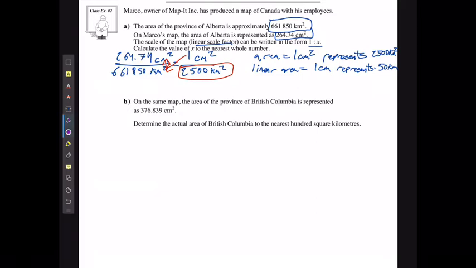Now we need to put them into the same units in order to make this work. So I'm going to say that if I have 50 kilometers over 1, I'm going to multiply that by 1,000 meters over 1 kilometer, and multiply that by 100 centimeters over 1 meter.